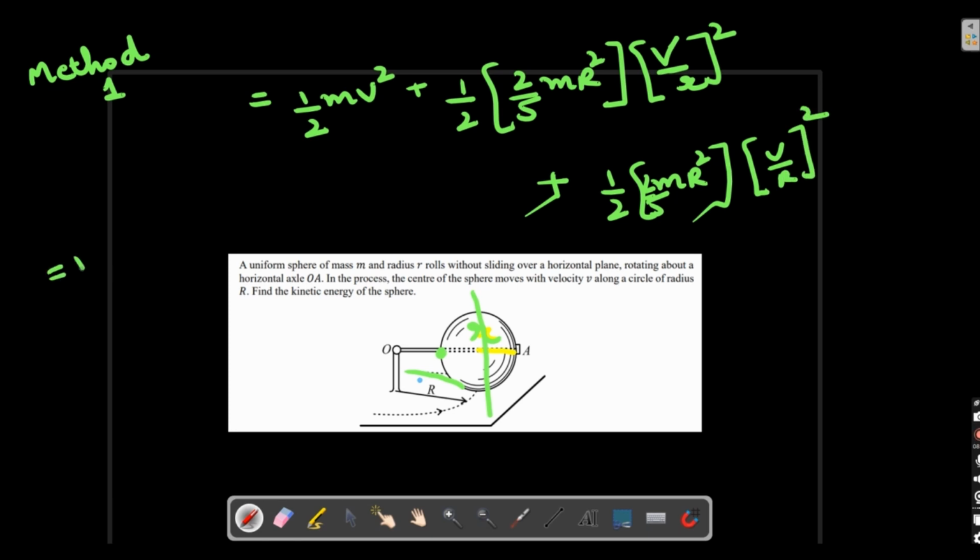That is nothing but half times m v square plus 1 by 5 times m r square into v square by small r square plus again 1 by 5 m v square.